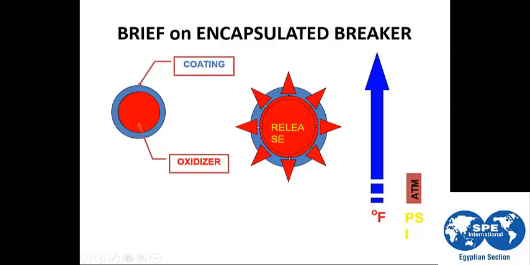The problem of using the breaker is the breaking time, because if you are using the breaker and pumping the breaker, you should calculate the breaking time. If the breaker is activated early, it will result in an early screen out, because the proppant is carried by the high viscous fluid.